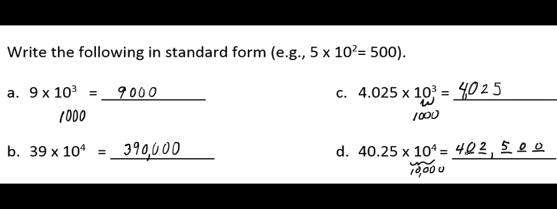So 40 and 25 hundredths times 10 to the 4th power is 402,500. Again, each digit moved 4 place value spots to the left. So there is another example of how the exponents can help us with multiplication problems.